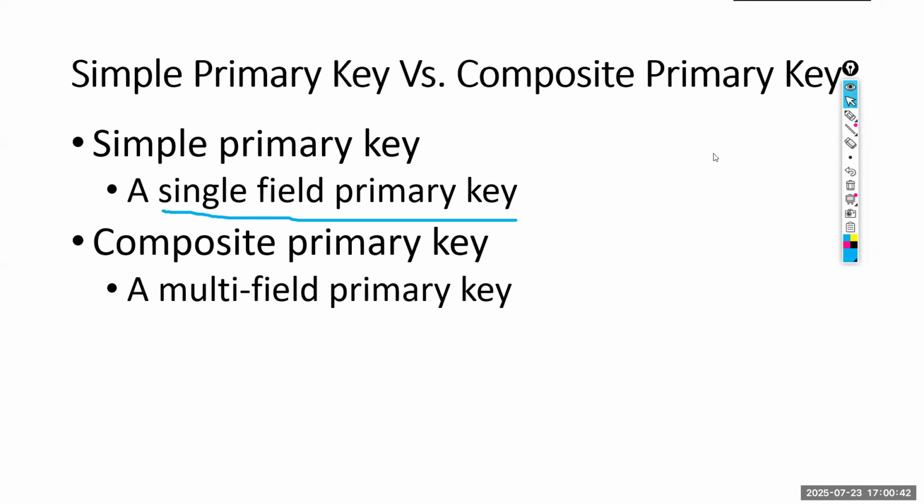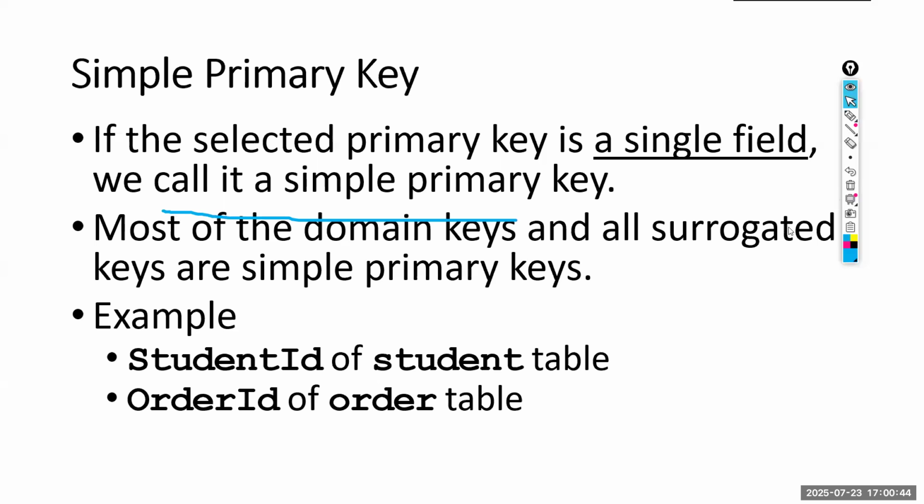But there can be situations where a single field is not going to uniquely identify a record. So it's not like student ID, order ID, payment ID, product ID. There can be situations where a single field is not going to work. Then you need to combine two or more fields and take it as the primary key.